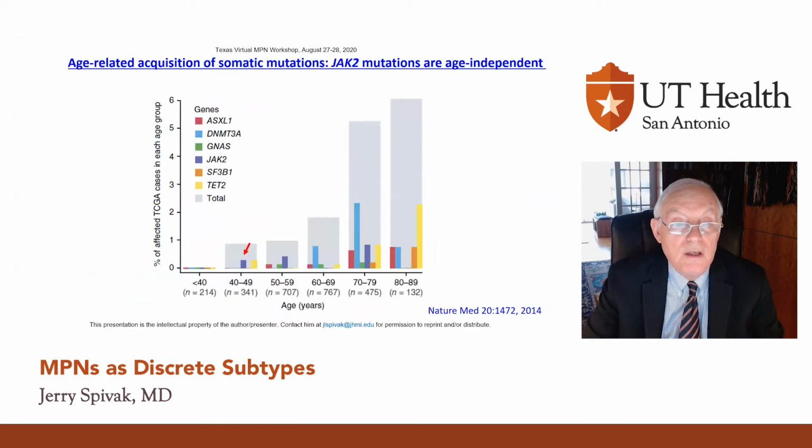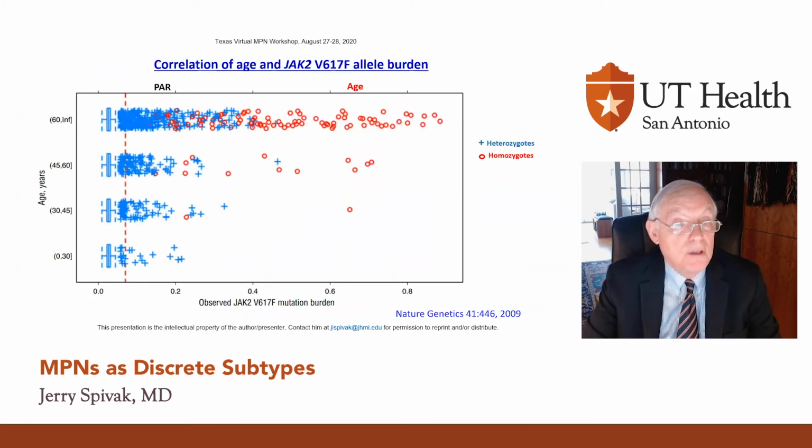Well, what is going on here is the fact that there are a group of mutations that are age independent, JAK2 being one of them, and it tends to go up with age, but you can get it at any age. And you can get a myeloproliferative disorder at any age.